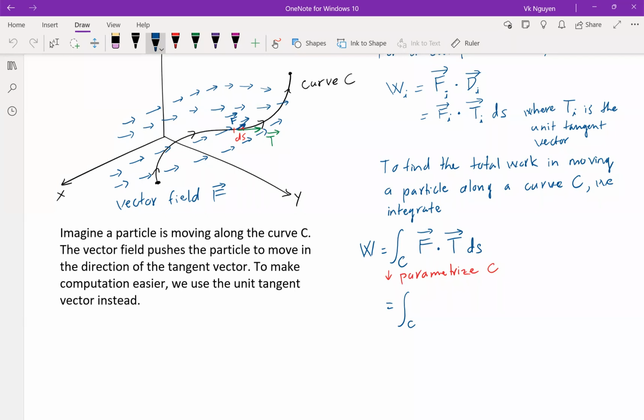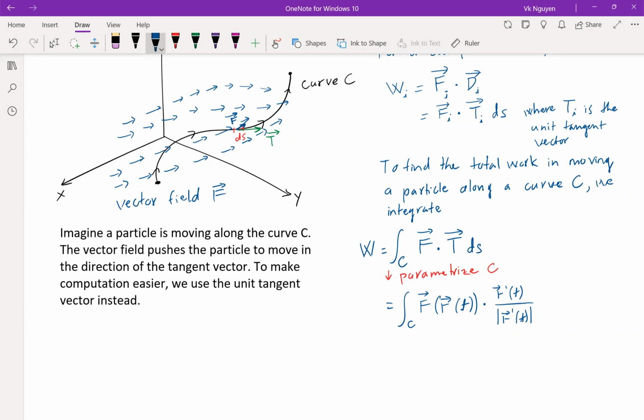If you parameterize the curve C, then this is going to be F of r of t. That is how you parameterize x, y, z. The unit tangent vector is the tangent vector, so that is r prime t over the magnitude of r prime t.